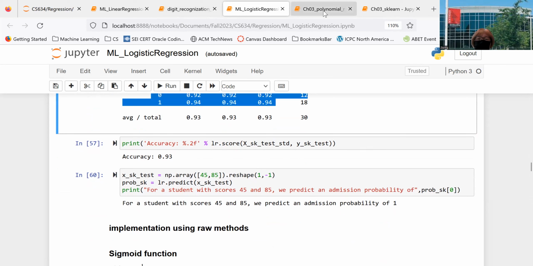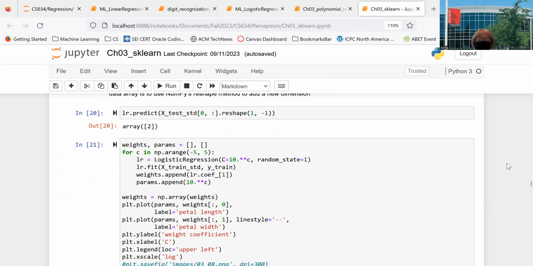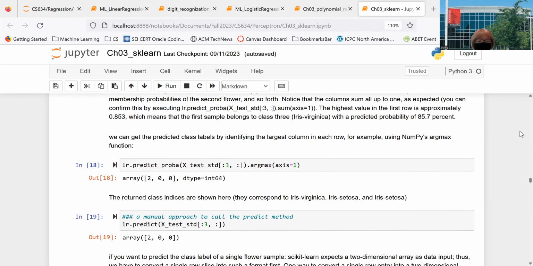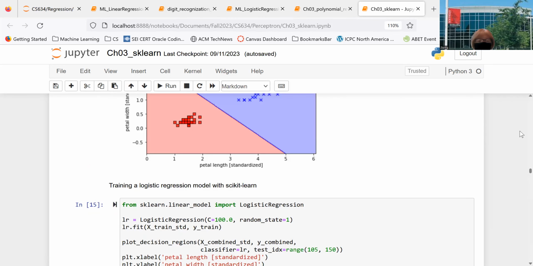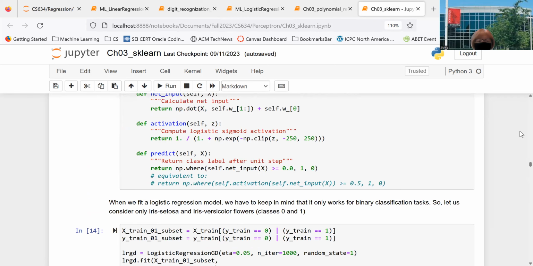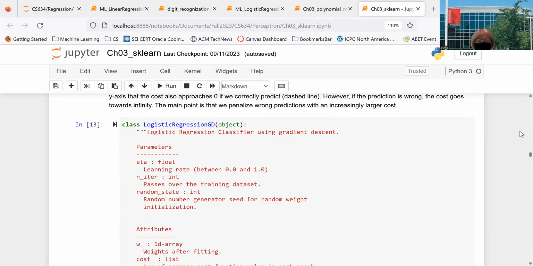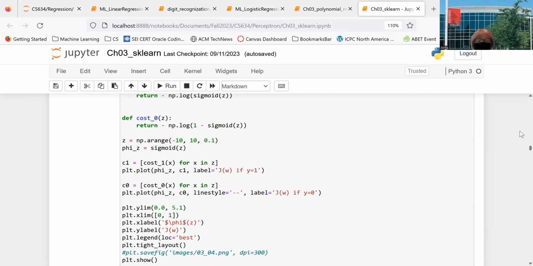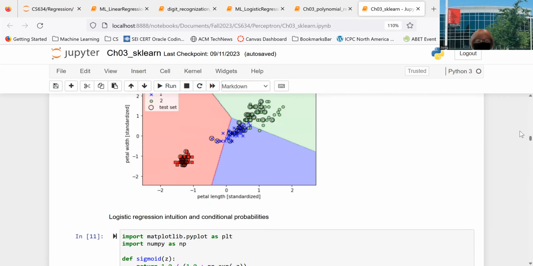Okay, so that's regarding this example. And next, you remember last class for that iris example, we used the perceptron, because sklearn doesn't have Adaline, so we just did the perceptron.